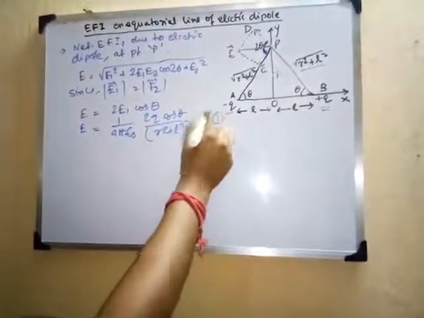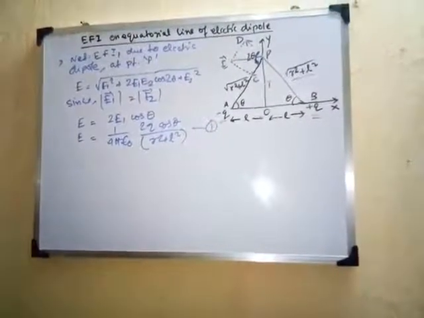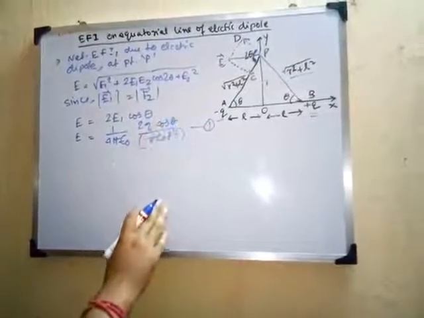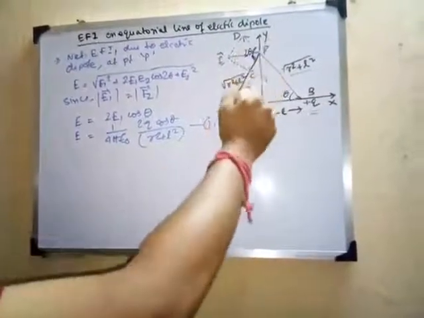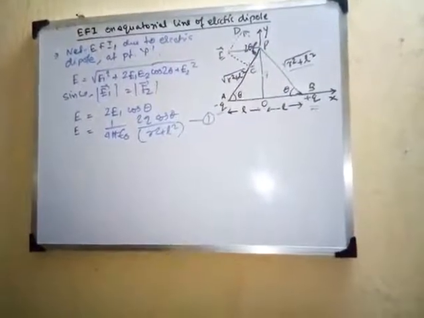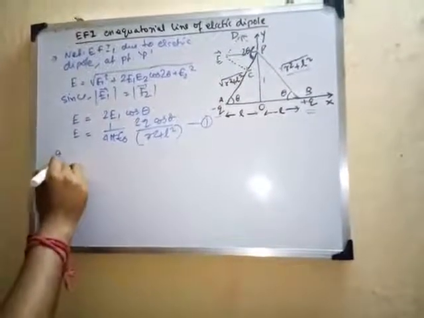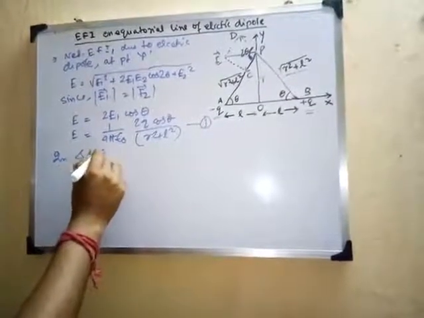Let us consider this as our first expression. Now we will consider the triangle AOP. Here OP is a right angle triangle, so we consider this triangle AOP.